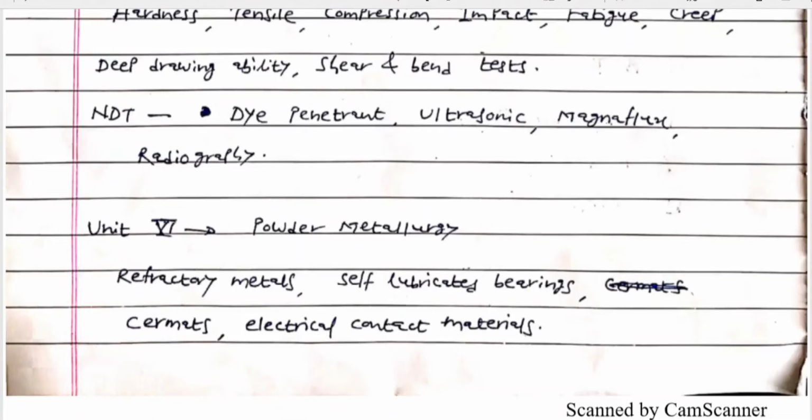Only the tip of the tool will be made out of this particular composite material, and the remaining part is known as the shank. That shank is made out of mild steel, because we do not want the complete tool to be made out of this powder metallurgical product.